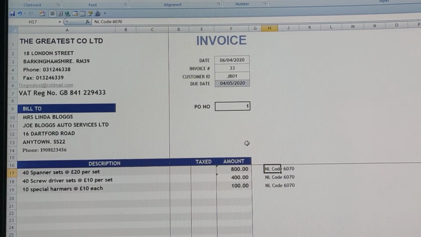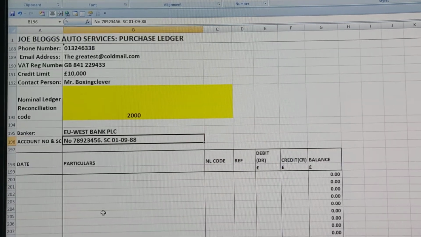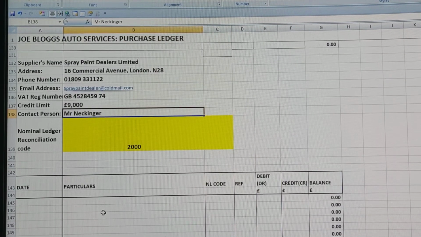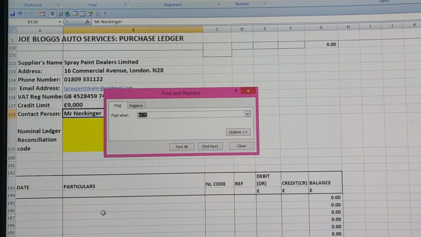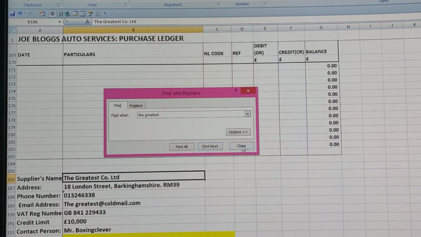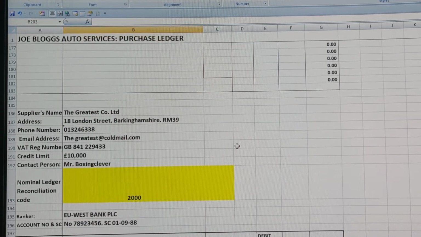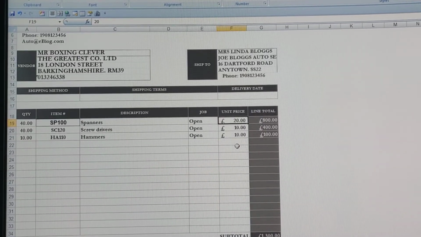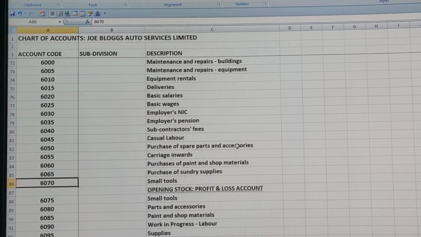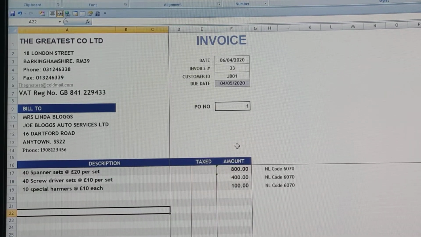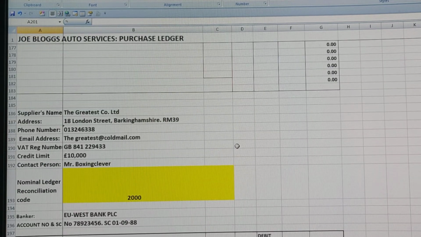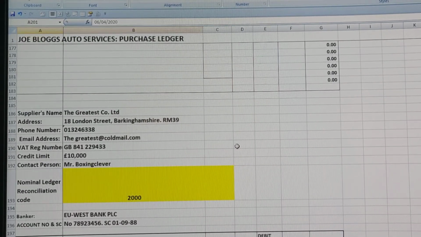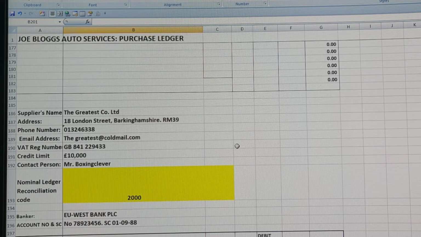It can be posted. So the next thing we do is go to the supplier's account in the purchase ledger and post the invoice. So what is the invoice date? The invoice date is 6th of April 2020, 06/04/2020.